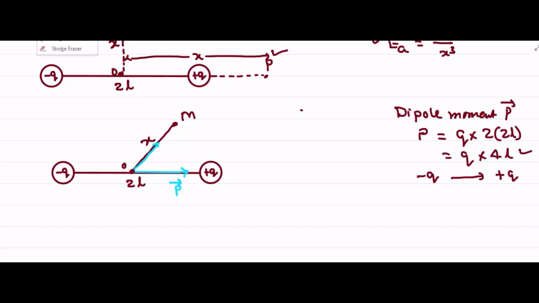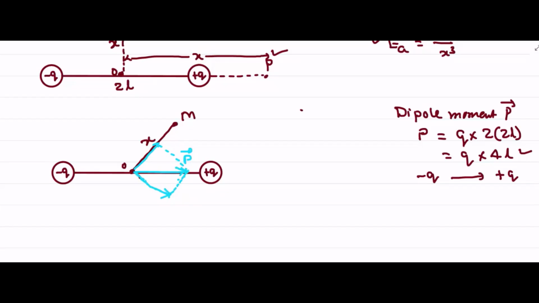To create space, let me remove this. Keep in mind that the distance is 2L. Let me show vector P over here. So this is vector P, and this will be the other component, perpendicular to the one which I had shown. So you can see a parallelogram over here. This is vector P, and these are its two components.